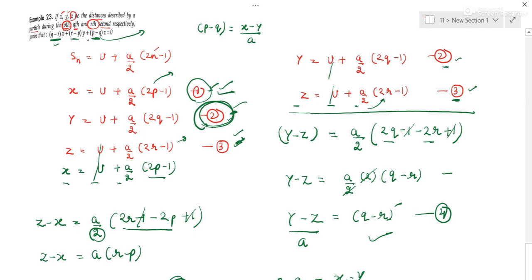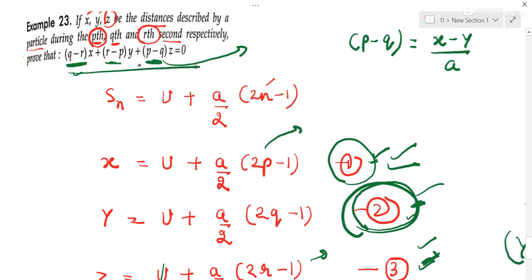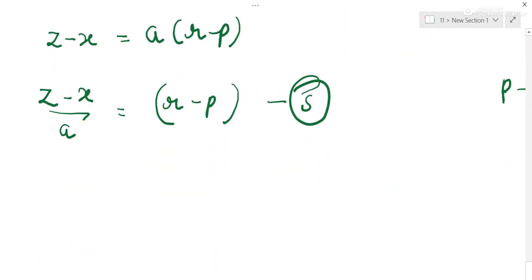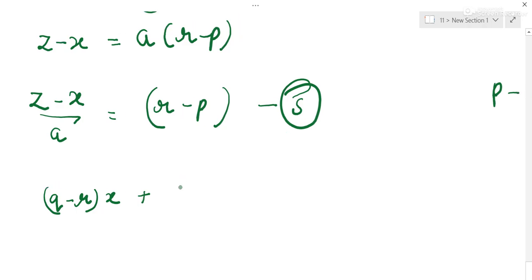So what do we need to prove in this equation? Pick up the left hand side: q minus r into x, r minus p into y, and p minus q into z. So we will write q minus r into x plus r minus p into y plus p minus q into z.